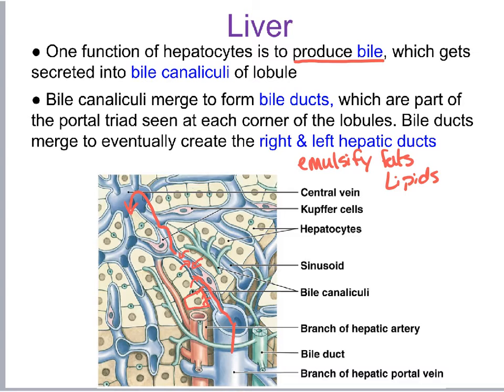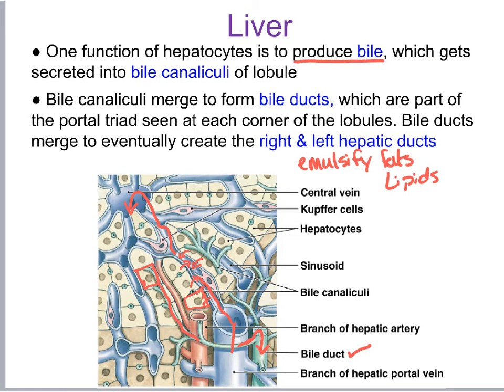Bile is made by the hepatocytes and then travels down what we call bile canaliculi, and that bile leaves the liver through what we call bile ducts. All of those bile ducts drain bile from the liver, and then that bile gets stored in the gallbladder. So the liver makes the bile, but the gallbladder stores it.